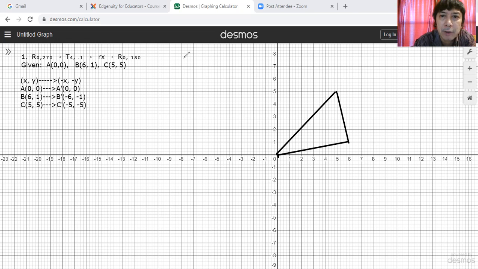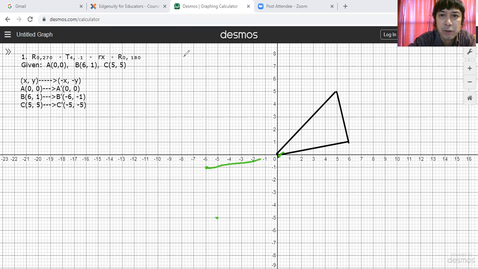So let us change to green, and then 0, 0 is there. Okay. And now negative 6, negative 1, that should be over here, the third quadrant. And then negative 5 and negative 5, that should be somewhere here. There.